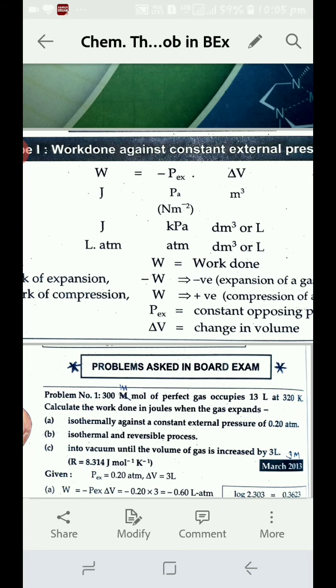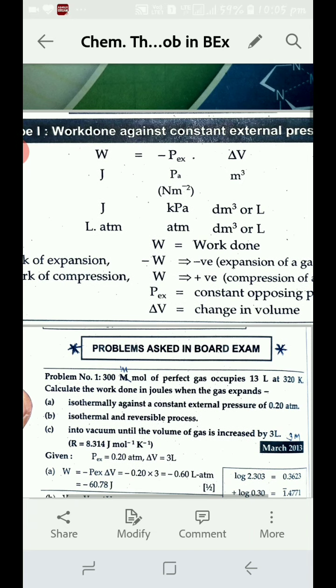So if you multiply this by 101.325, your answer becomes minus 60.78 joule. So the conversion factor is 101.325. Again it is an expansion, so half mark for this answer.